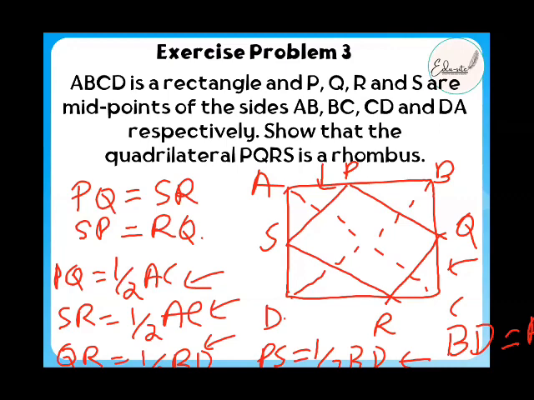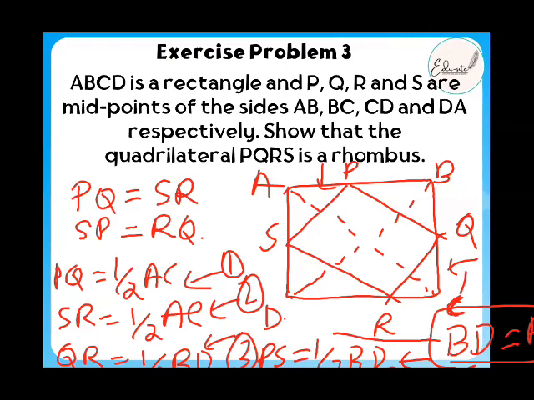If BD is equal to AC, and we apply this in the third and fourth equations, then we get PQ is equal to SR is equal to PS is equal to QR. All the sides are equal. If all the sides are equal, then PQRS is a rhombus.